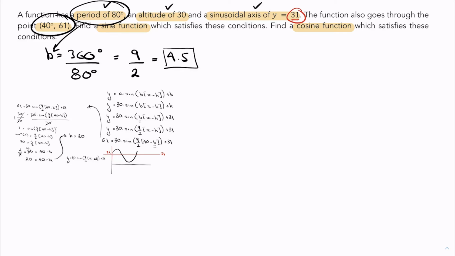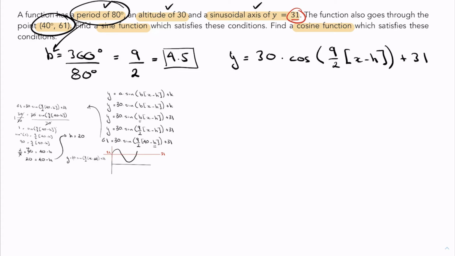So I'm going to have y equals, again, my amplitude is the same, 30 times cosine. My b value is the same, which is 9 over 2, bracket, x minus h, close bracket, and then I have plus 31.